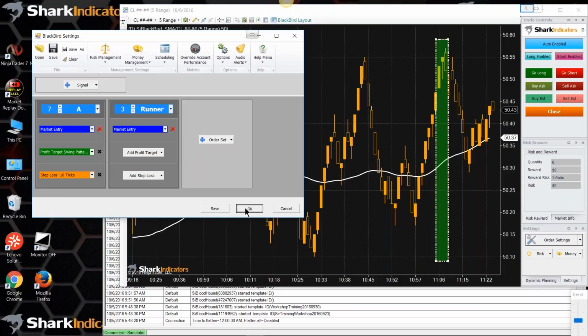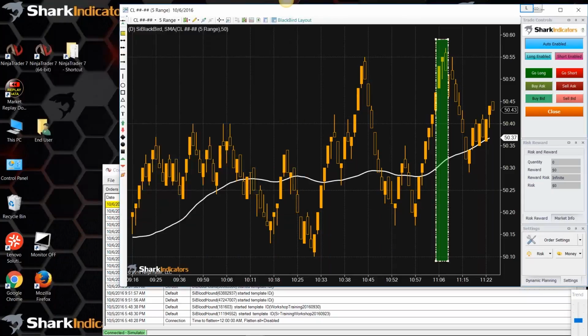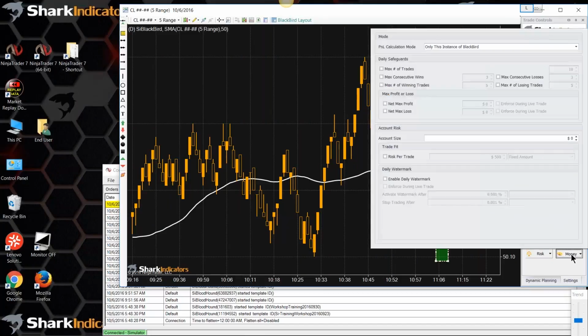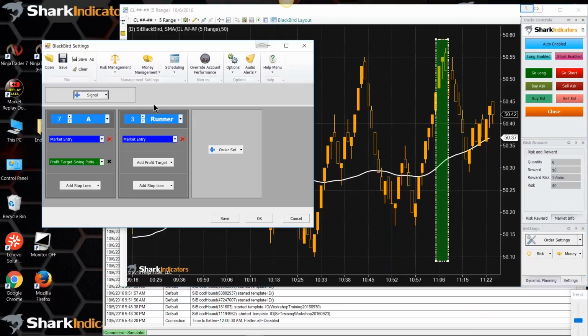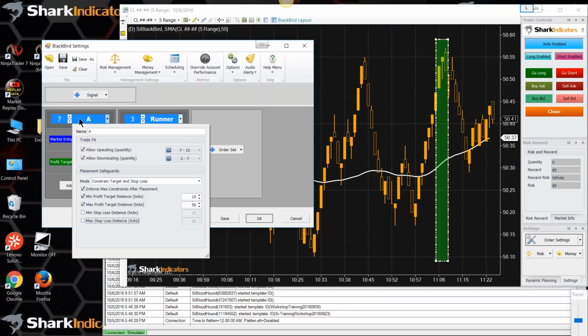Let's set up a stop loss. Let's see, I've got something here, setting some limit.